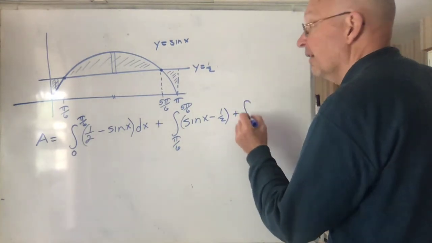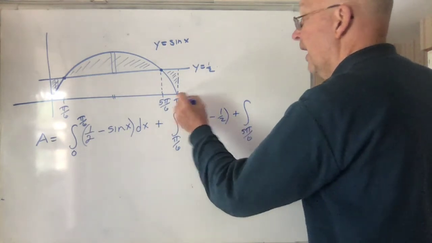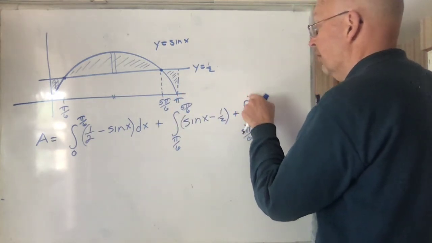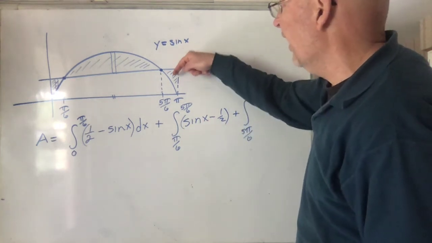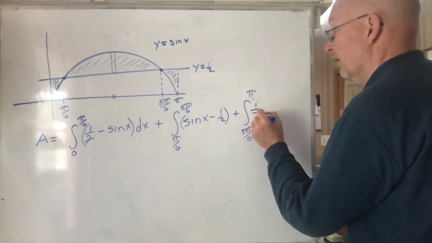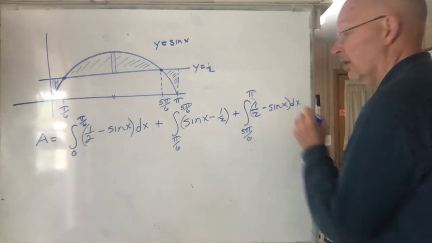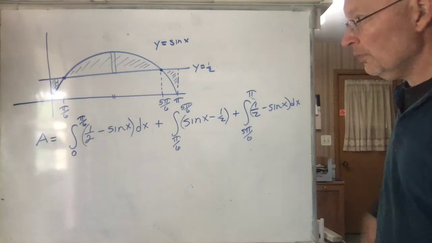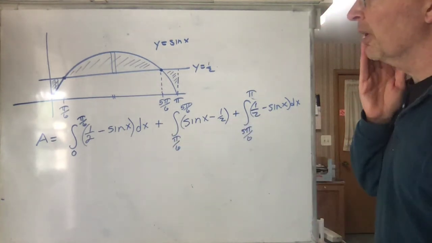And then finally, from 5 pi over 6 to pi, we're again going to take 1/2 minus sine of x. Okay, there you go. So we could calculate that whole thing, but let's save ourselves a little bit of work.